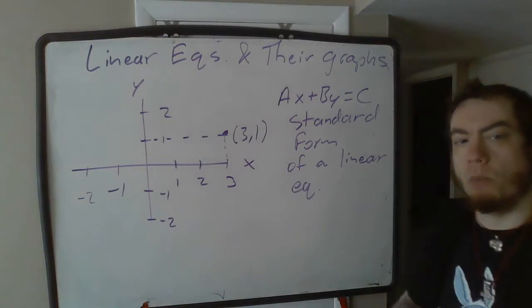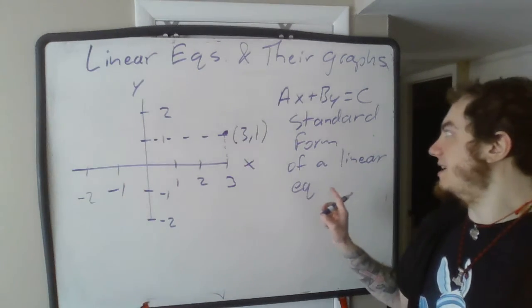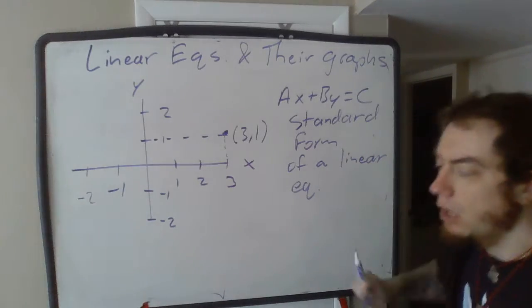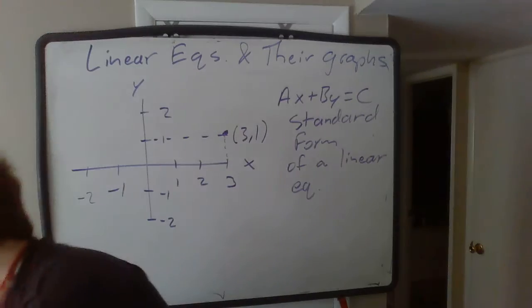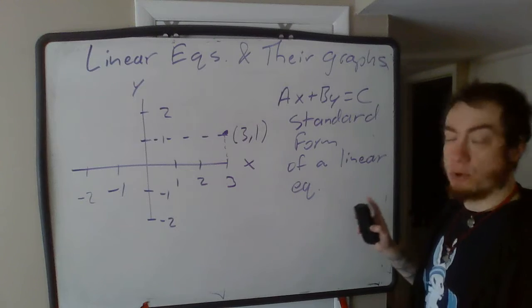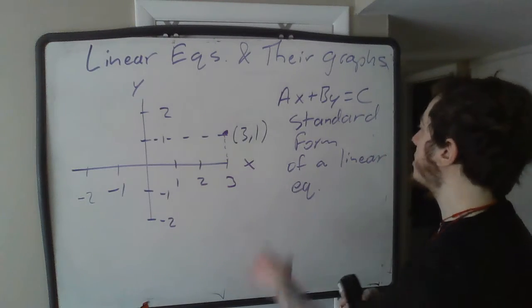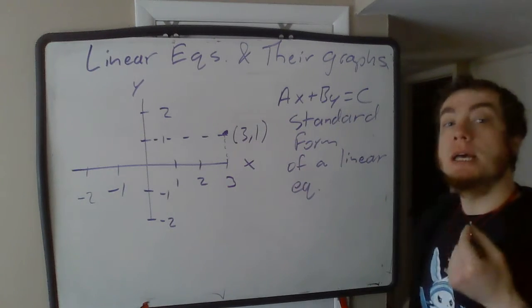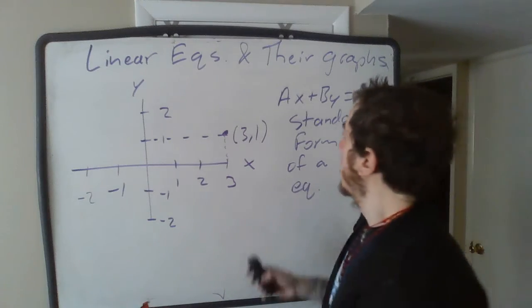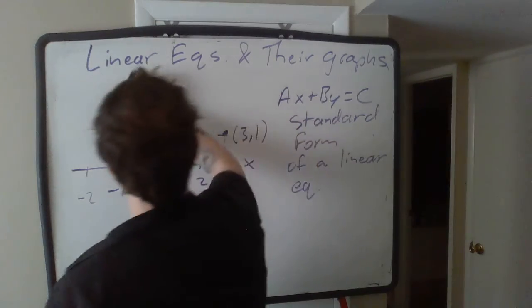And I want to think about what the graph of something like this would look like. Well, when we see what this graph is going to look like, it will also explain why we call these equations linear equations. So let's think about the possibilities here for this graph.